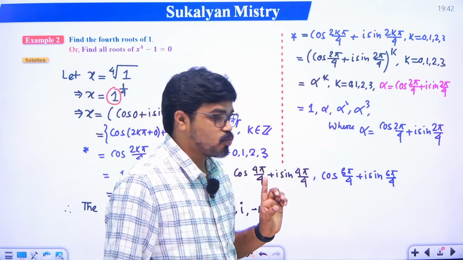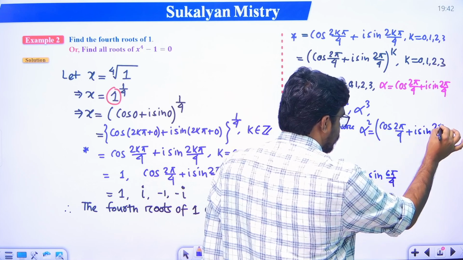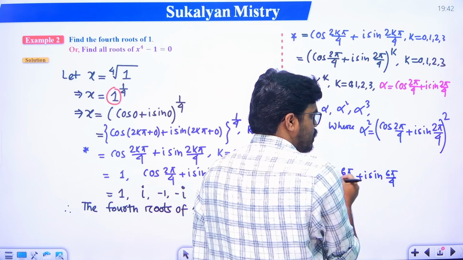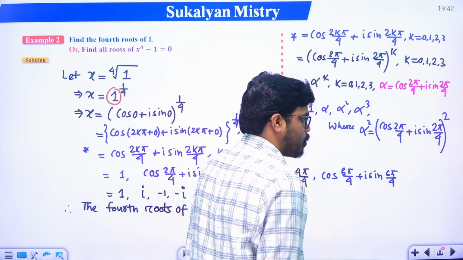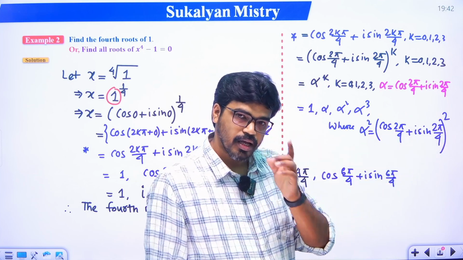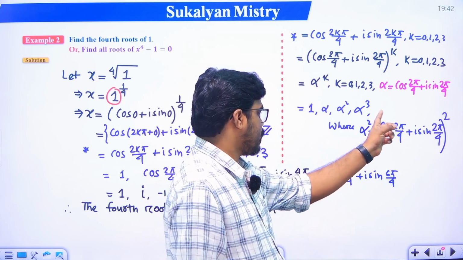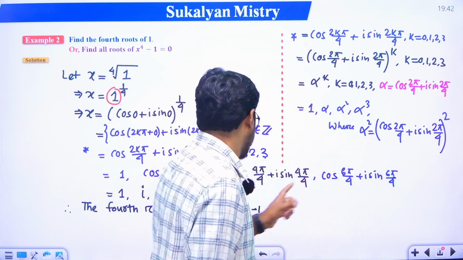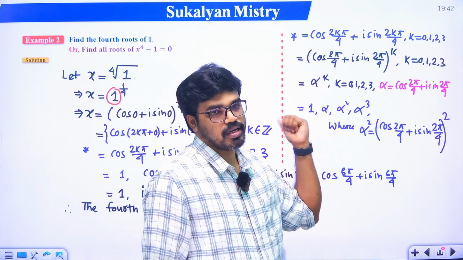Alpha square, when you do it, apply de Moivre's theorem, the power will multiply with this. That means cos 4 pi by 4 plus i sin 4 pi by 4. That means cos pi plus i sin pi. Cos pi is minus 1, sin pi is 0. So you get this answer, that is minus 1. So basically alpha square is minus 1.